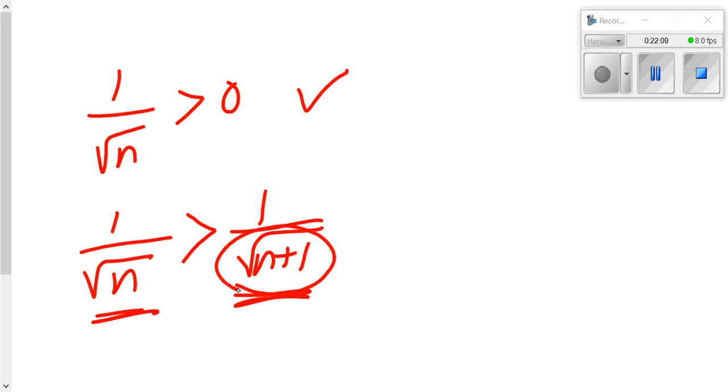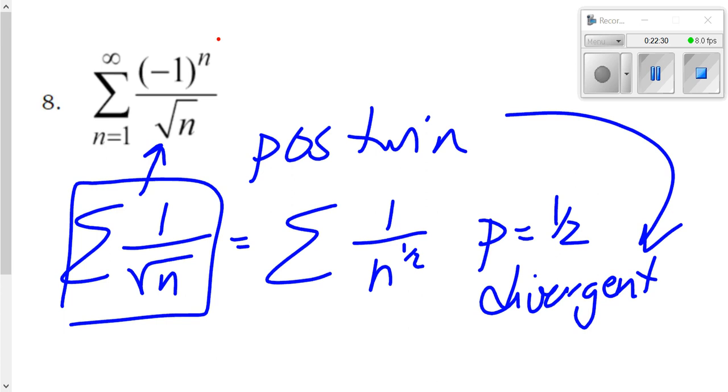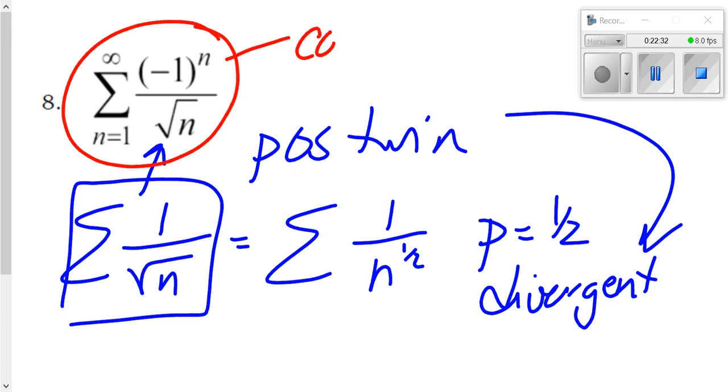Yes, because n plus 1 is bigger than n, and so dividing by a bigger thing is going to make a smaller thing. And the limit of this as n goes to infinity, is that going to go to 0? It sure is. So we would have conditional convergence of this guy by alternating series test.